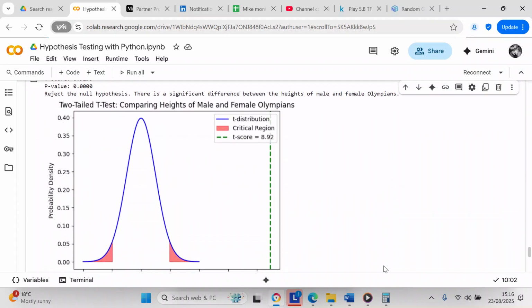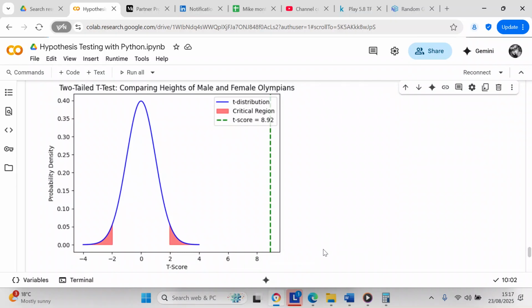Blue is your t-distribution, red is your critical region, and the t-score is in green. You can see that the t-score is way off the line. And that is how you do a difference in means test and compare male and female heights.